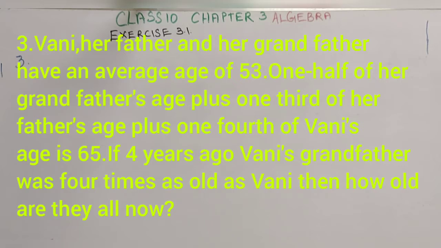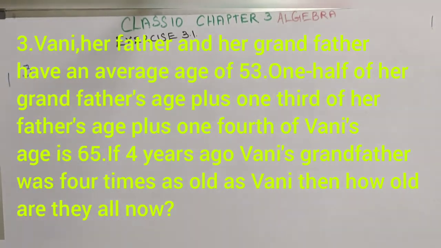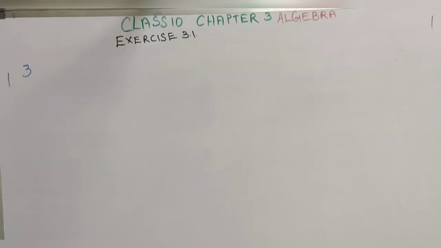Okay. Now here they have given us 3 conditions, and there are Vani, her father and her grandfather. First we have to assume the ages of these 3 people.